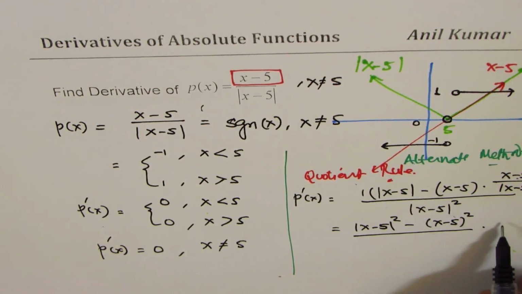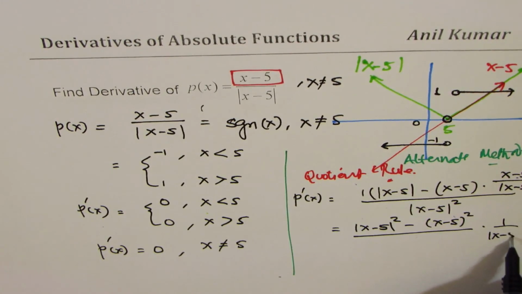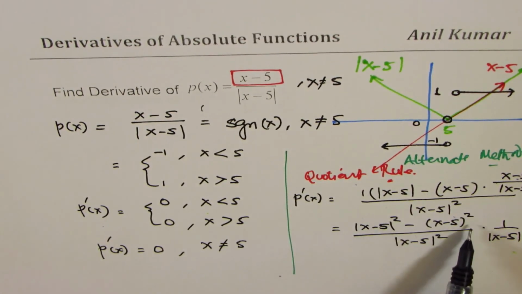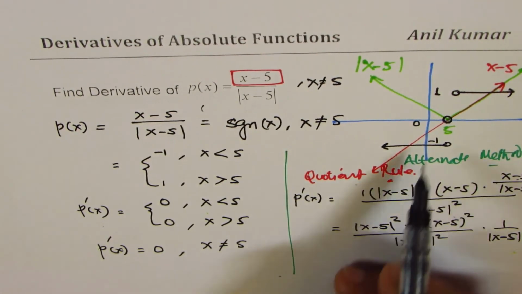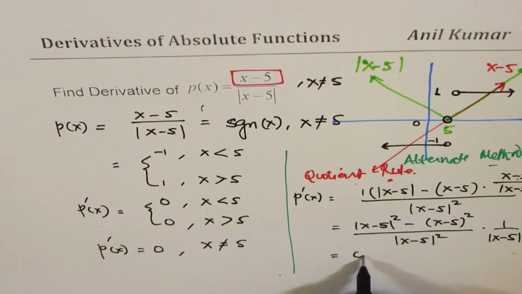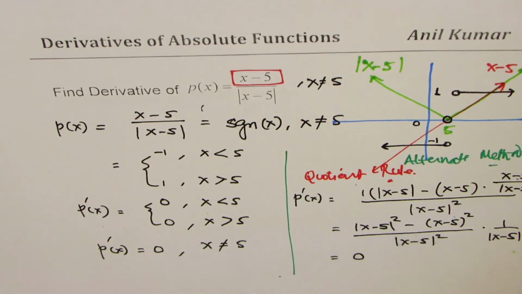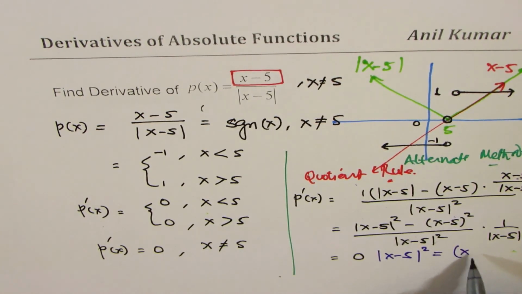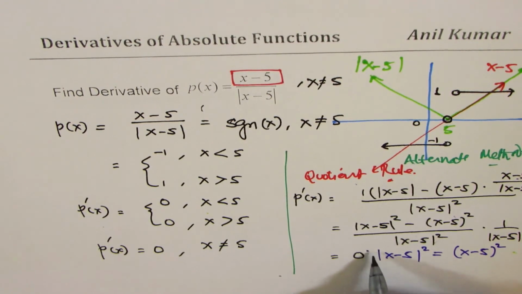Let me write this as 1 over absolute x minus 5. And here we have absolute x minus 5 whole square, right? Now what is this? Well, when we square, both are same, right? So we know this is equal to 0, since you know that absolute value of x minus 5 whole square is actually equal to x minus 5 whole square, right? Because of this.